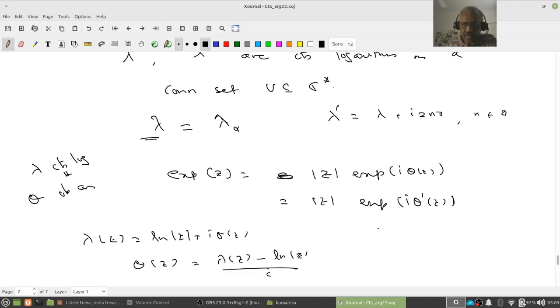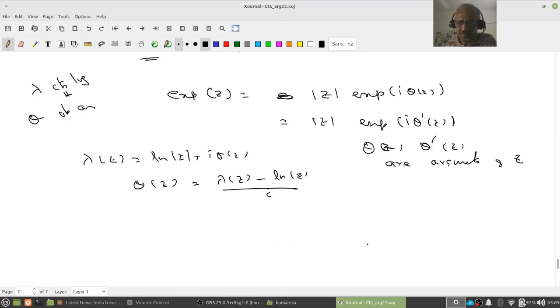Now, therefore, theta of z and theta dash of z are arguments of z. Therefore, they differ by a multiple of 2 pi. Therefore, theta of z minus theta dash of z equals some 2n pi. This n may depend upon z.